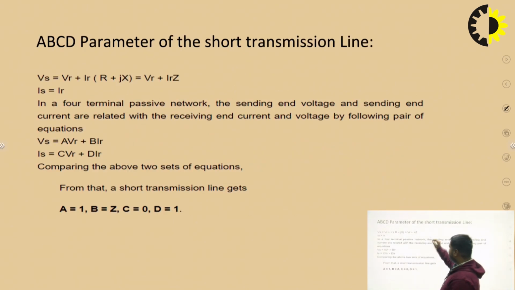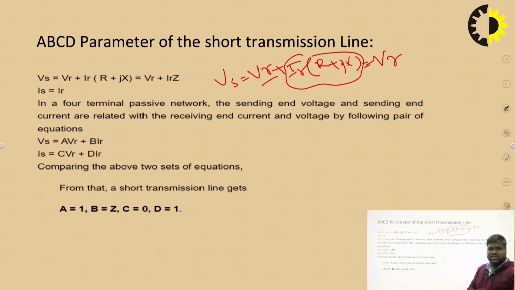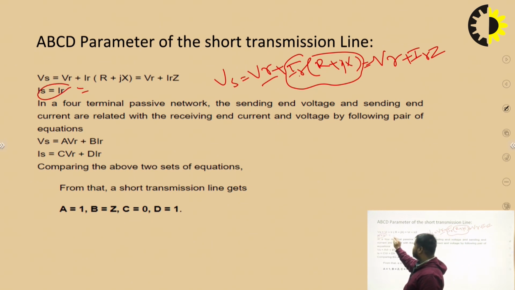So VS equal to VR plus IR times total Z, which is R plus jX. Shunt capacitances are neglected. So this is VR and IR into impedance. This is IR and this is the total impedance. And we know that the source current is the same as the receiving or load side current. IS equal to IR, which is I.